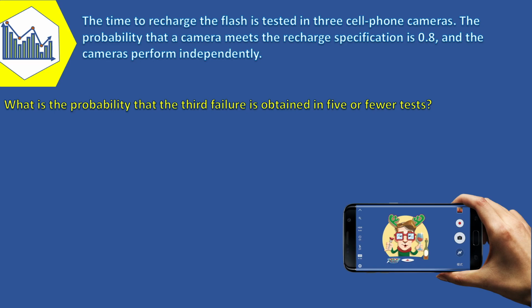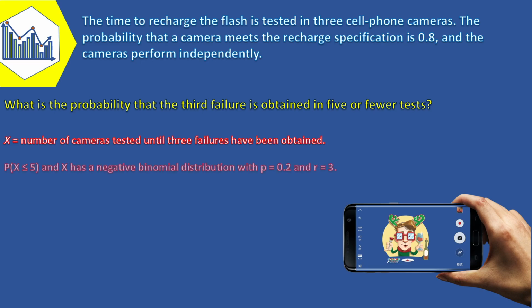Let x denote the number of cameras tested until 3 failures have been obtained. The requested probability is equal to the probability of x less than or equal to 5. Here, x has a negative binomial distribution with p equals 0.2 and r equals 3.